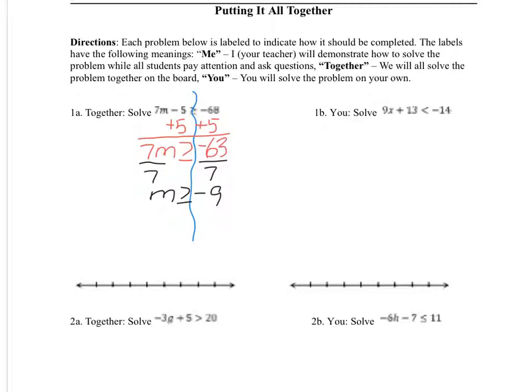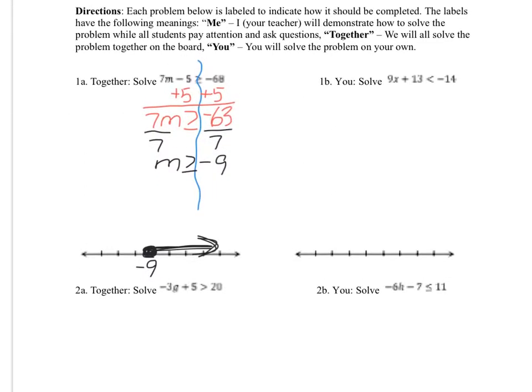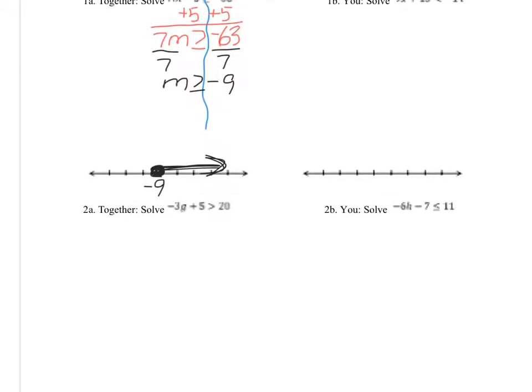So to graph it, I'm going to put negative 9 on your number line. It's a solid dot, and greater than goes this way. Okay, so you are going to do this one. So you could pause the video or go back and do it later.